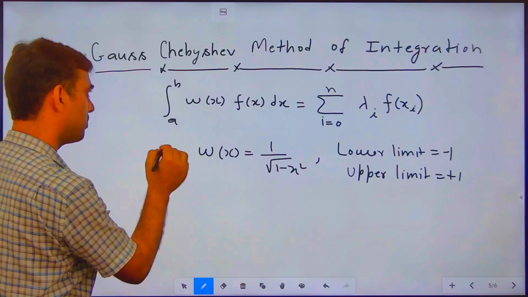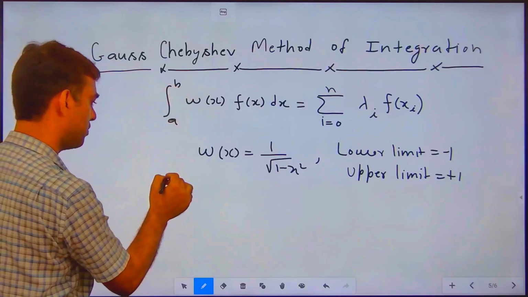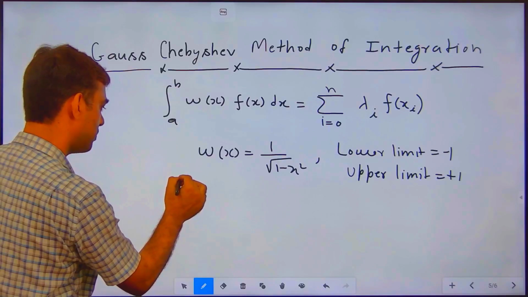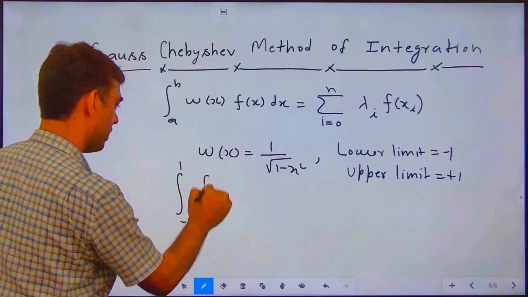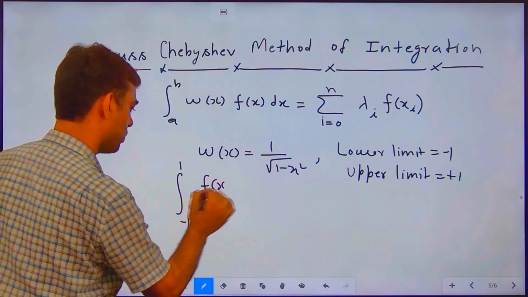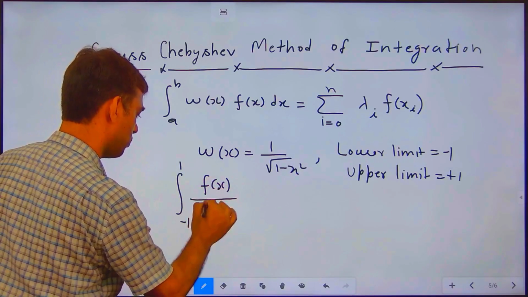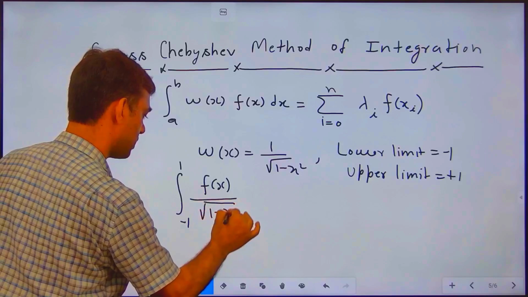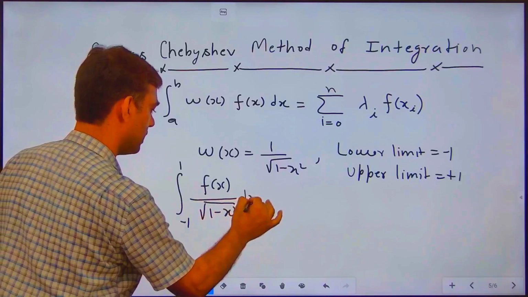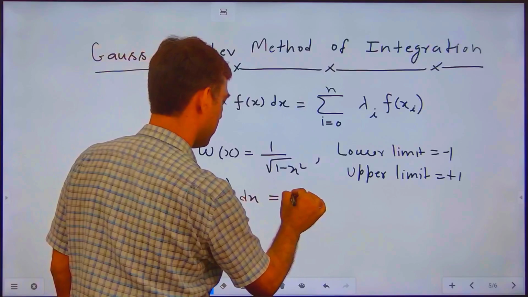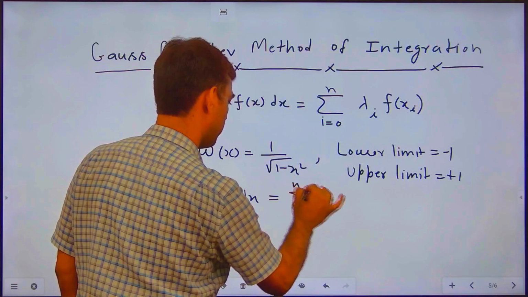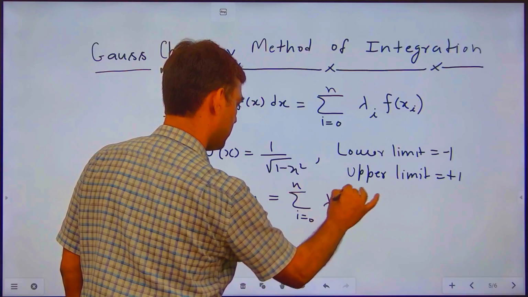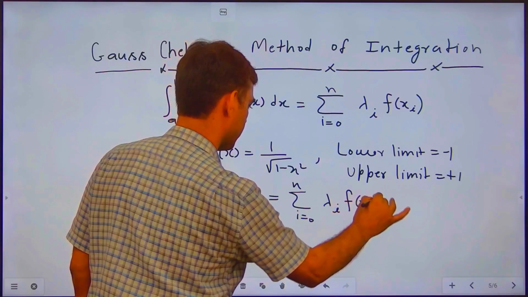To apply the Gaussian Chebyshev method, the integration must be in the form of the integral from minus 1 to 1 of f(x) upon under root 1 minus x square dx, equal to the summation i equal 0 to n of lambda i f of x i.